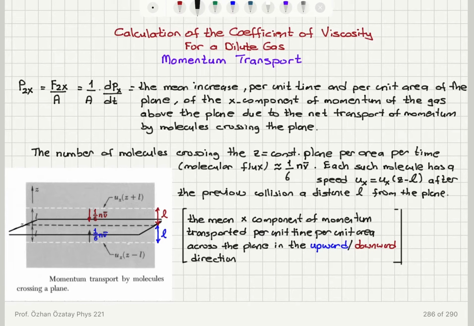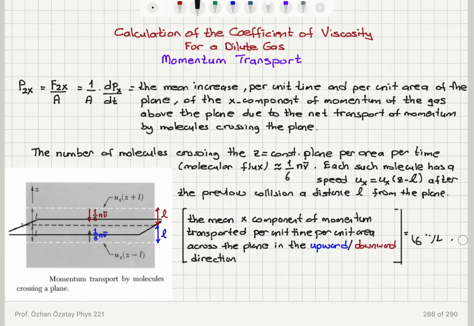Well, you can see that the number of molecules that are transporting this momentum is 1/6 n v bar, and each molecule has a mass m, and then they have a speed that they picked up at a distance L from the plane. So it is either z minus L or z plus L.